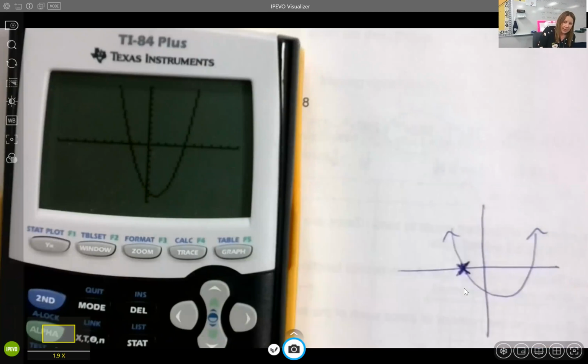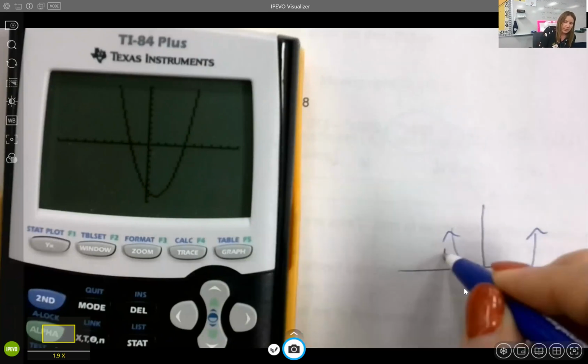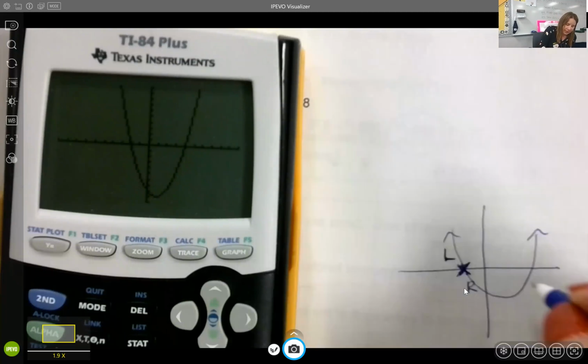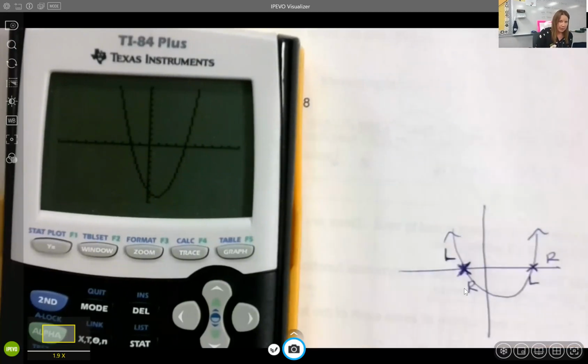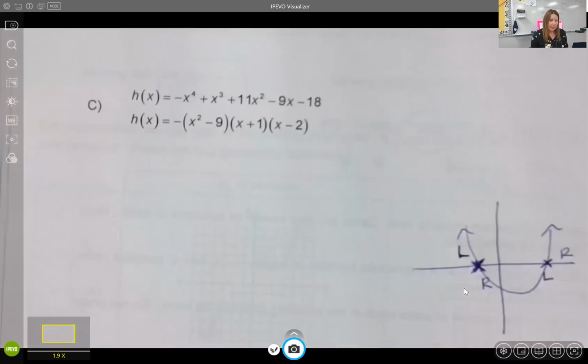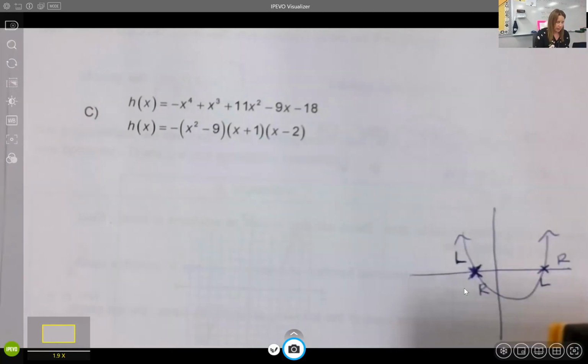The left side of that x-intercept is going to be up here above the x-axis, and then the right side is going to be below. And then when I switch over to this one, the left side is now below, and the right side is above, okay? So when I follow these steps, I'm going to do second trace, and then I'm going to select number 2, okay?